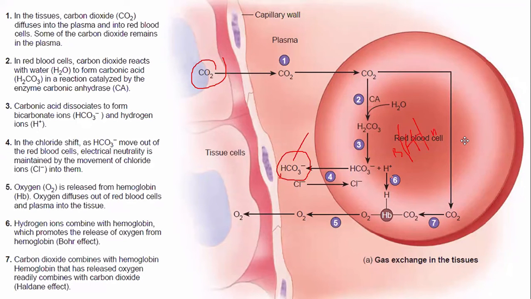The Bohr effect: this hydrogen has to bind again with the hemoglobin. By binding with the hemoglobin, oxygen can be delivered.